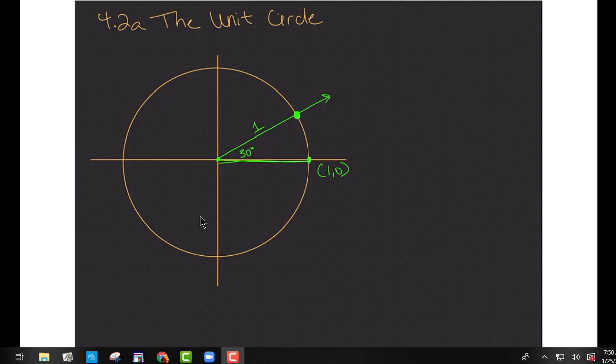A perpendicular line always makes a 90-degree angle, right? And now I just created a 30-60-90 degree triangle, didn't I? Because this one up here would now be 60 degrees.